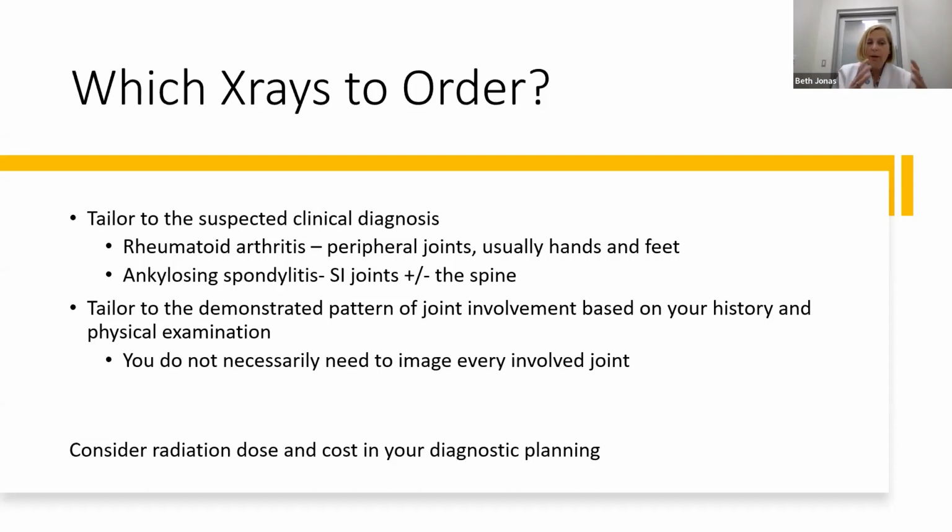If you're worried about an axial joint disease, such as ankylosing spondylitis, you want to image the sacroiliac joints and the spine. If you have a patient who has just an elbow involved, obviously you're going to image the involved joint. But you want to, based on your history and physical, come up with a working diagnosis, establish the pattern of joint involvement, and then order your x-rays accordingly.